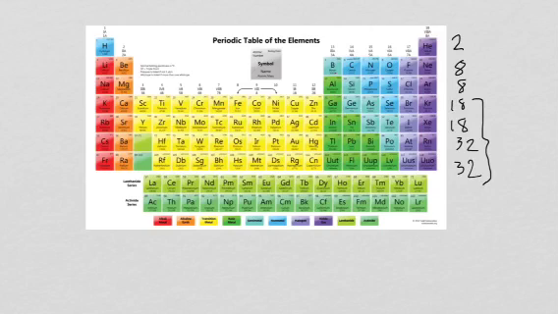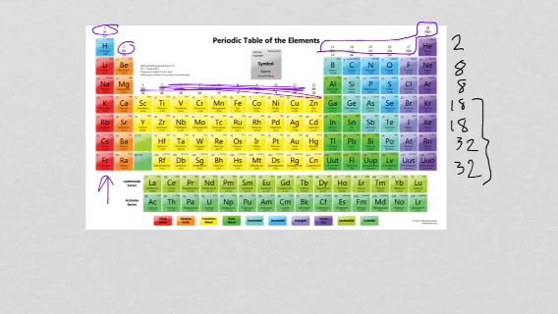That has everything to do with the Roman numerals at the top of all of these groups A. We're going to forget about the B's. We don't care about the B's. We care about the A's. 1A, 2A, 3A, 4A, 5A, 6A, 7A, 8A.